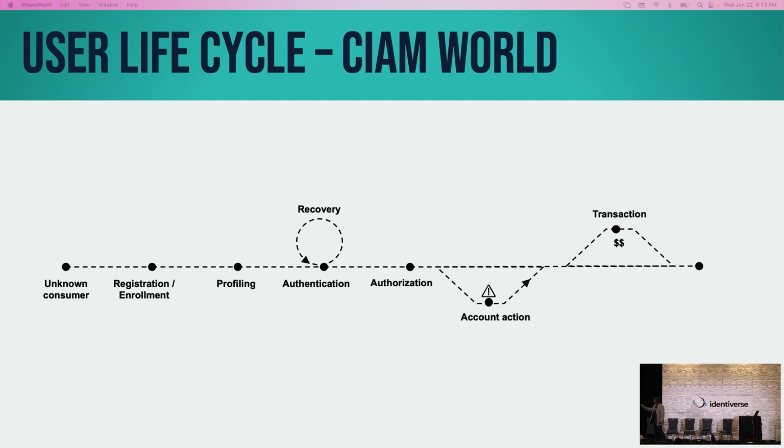I want you all to look at this. This is, I would call it, one of the simplest ways to represent your customer life cycle. The focus here is the CIAM part, not the workforce. Today, as an enterprise, depending upon the business that you're in, the first and foremost thing is you have an application or a service that you're delivering via multiple channels.